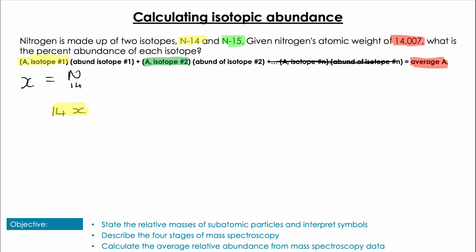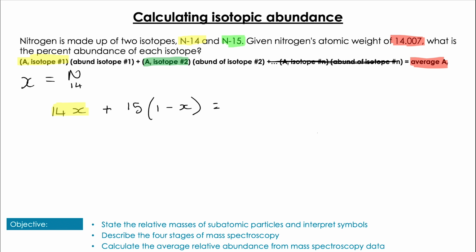As I've said, 14X, we're choosing X to be the abundance of the isotope nitrogen 14, is going to leave us with an assumption to make for our abundance of nitrogen 15. If X is the abundance of one isotope, then the abundance of the other isotope must be 1 minus X, because remember our isotopes are decimals.